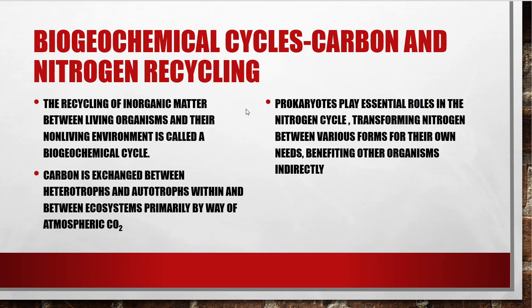Biogeochemical cycles, carbon and nitrogen. A lot of these chemicals move between living things and the non-living environment, and that's our biogeochemical cycle. Carbon between the heterotrophs and the autotrophs.